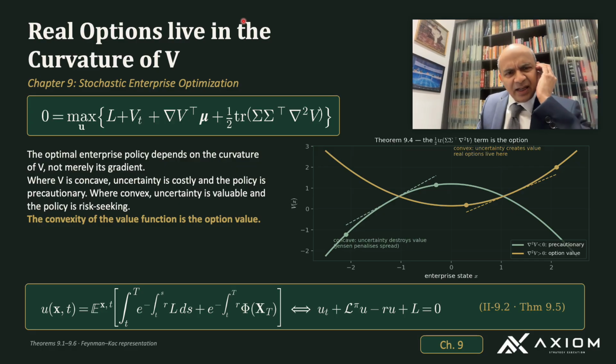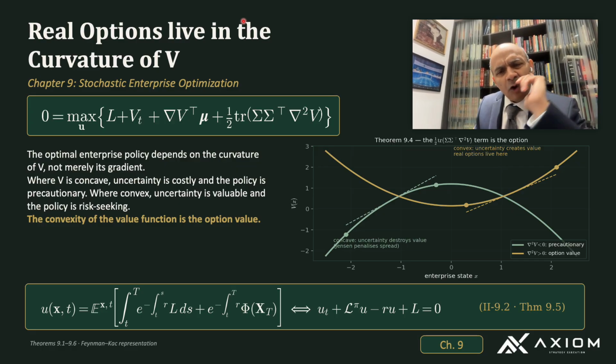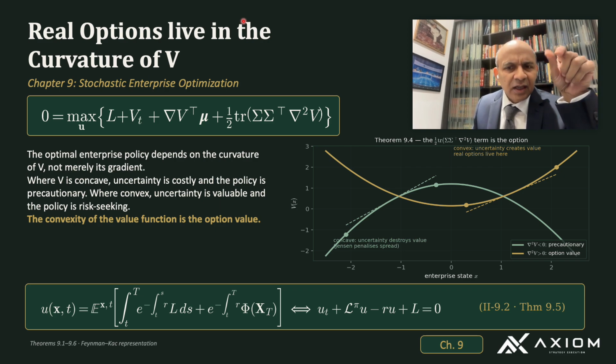What we see here is that the expected present value of all future enterprise payoffs plus the terminal value is exactly equivalent, under the stated stochastic dynamics, to solving the backward equation with terminal condition u(x,T) equals phi(x,T).